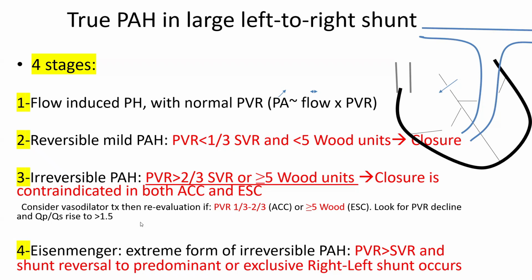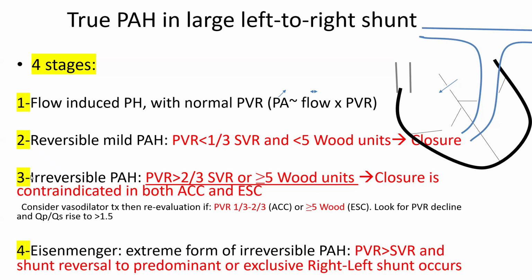Look for PVR decline and a rise of QpQs ratio to more than 1.5, meaning you want to see the PVR decline and have a very predominant left to right shunt with a ratio over 1.5 to consider those patients for closure.